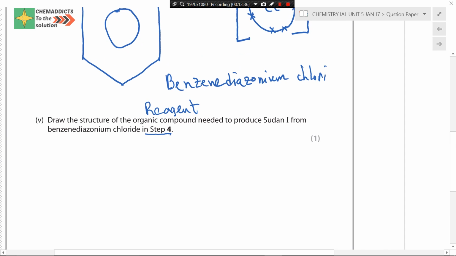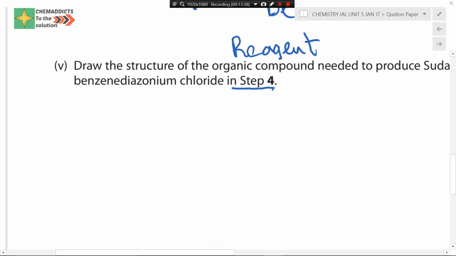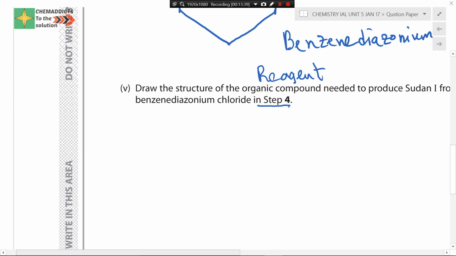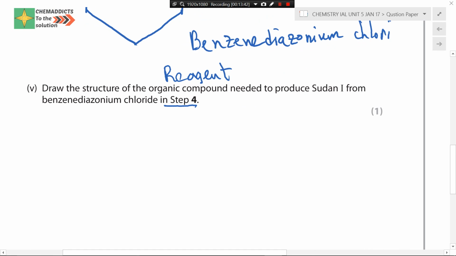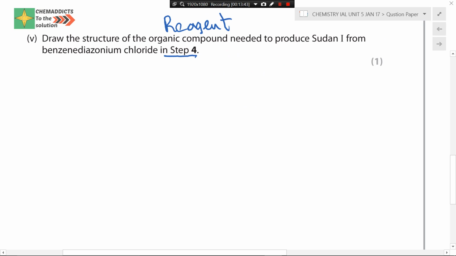Okay, so the structure would be like this.